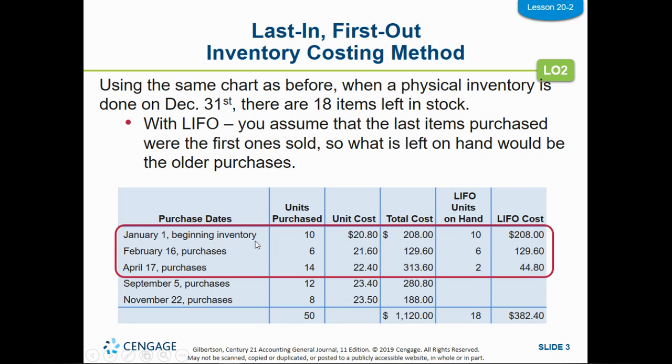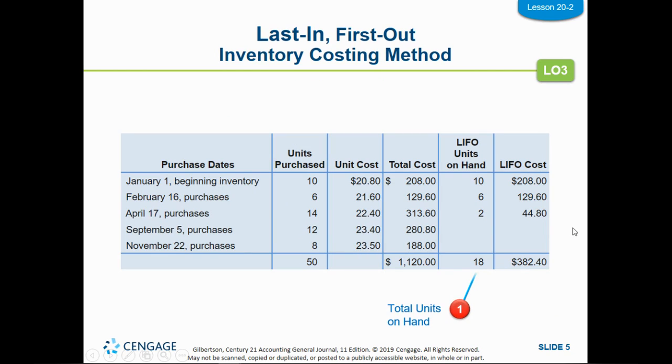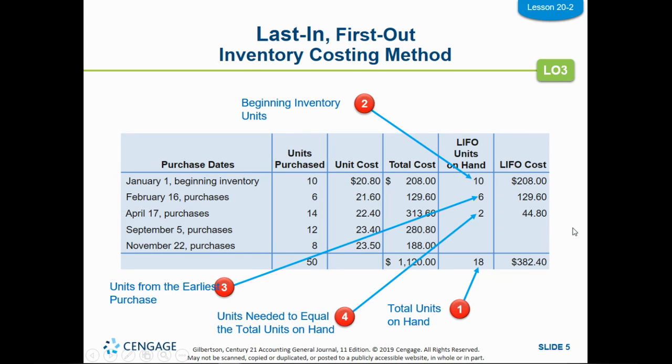So the 10 on January 1st, the 6 on February 16th, and then 2 of the 14 bought on April 17th are the ones we have left in our 18. Take that unit cost times the units on hand, and that gives us our LIFO cost.